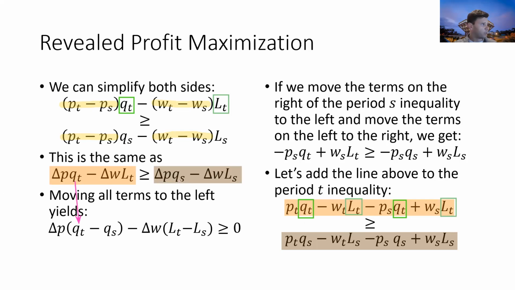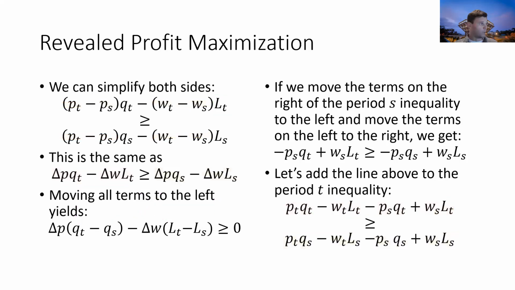QT and QS are both multiplied by delta P. So if I subtract the delta P over to the left, we're going to get QT minus QS that we can factor out. Similarly, we get an LT minus an LS that we can factor out on both sides. Anyone want to take a guess at what we're going to do with QT minus QS and LT minus LS?